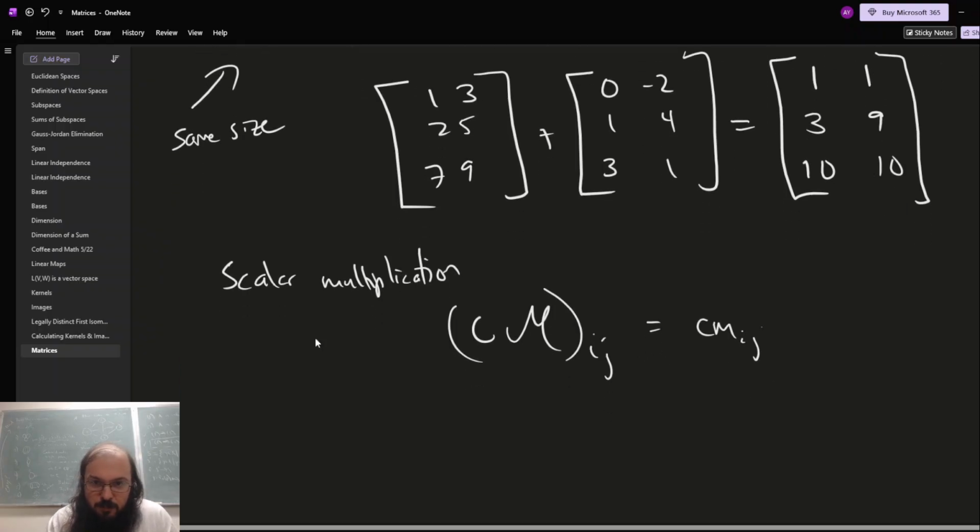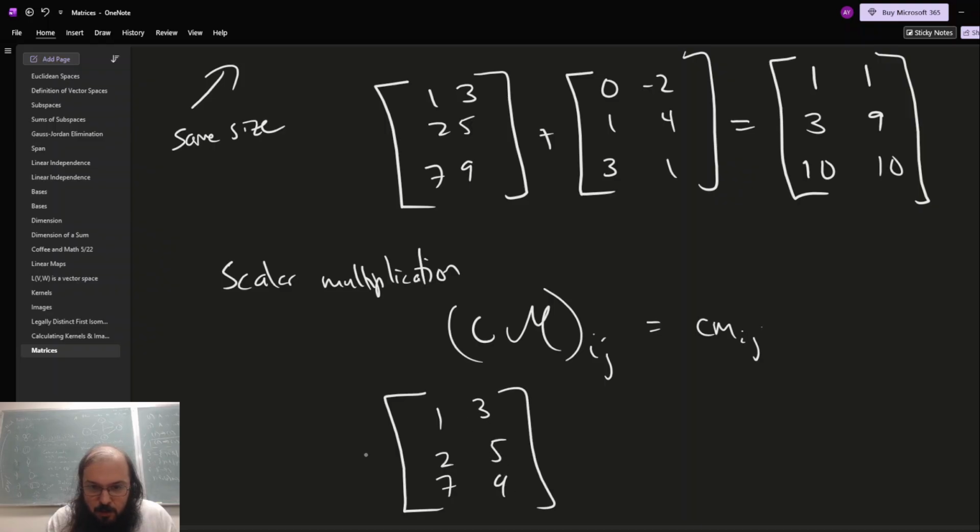So to be more specific, if I want to multiply that matrix, here, we'll write the columns this time, I want to multiply this by -2. I just multiply every entry by -2. Kind of not much to it.